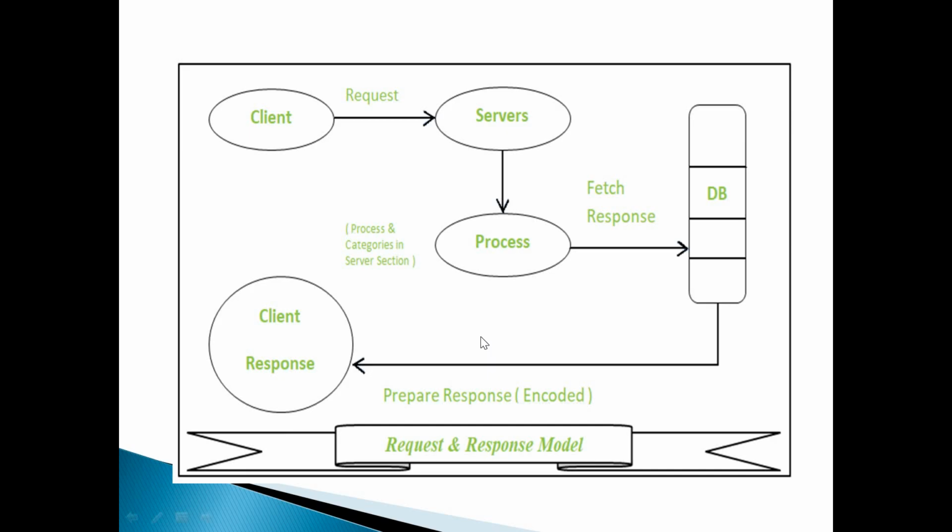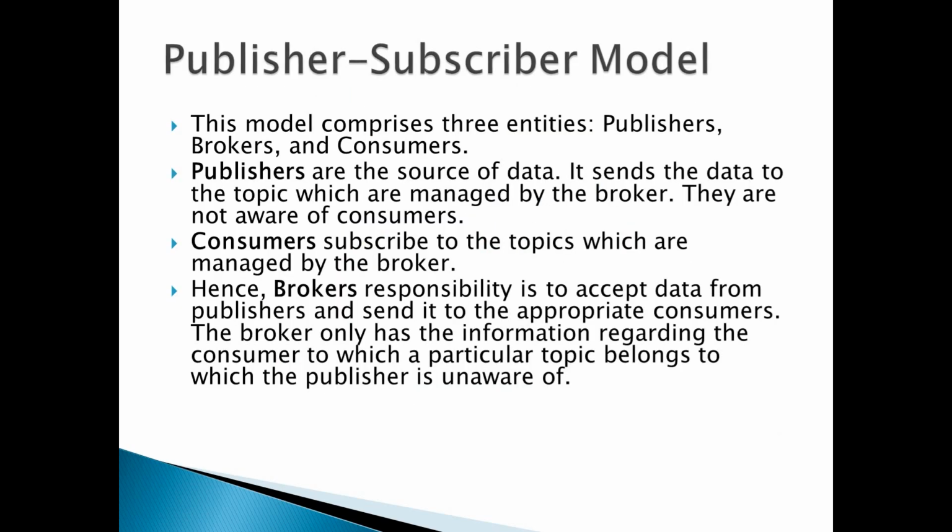Next model is the publish and subscribe model. Here, there are 3 entities. First one is the publisher, second one is the broker and third one is the consumers. Publishers are the sources of the data. It sends the data to the particular consumers.